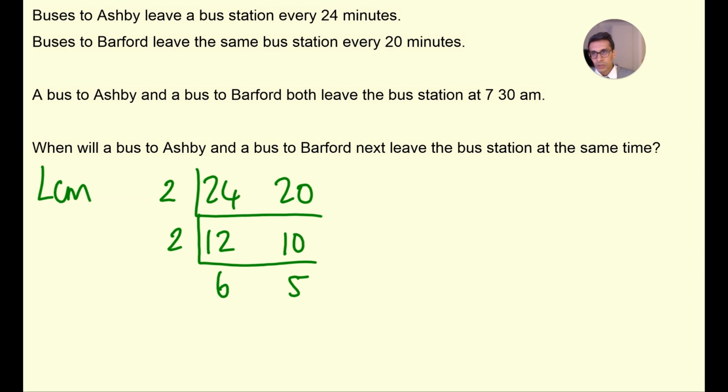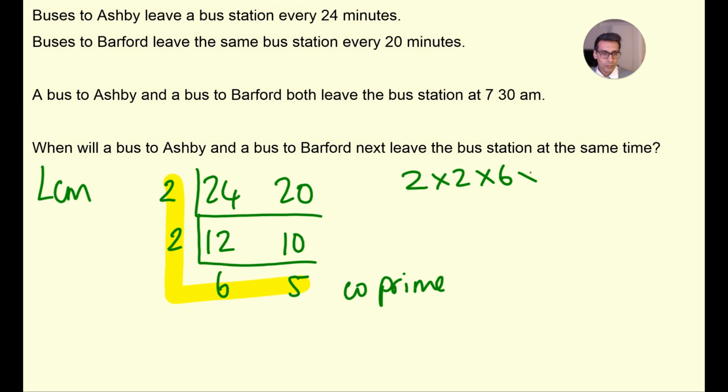And then we've got our co-prime numbers. So these are co-prime, so we stop. And then we multiply these out. So 2 times 2 times 6 times 5. So this becomes 4 times 6 times 5 is 30. So that's going to be 120 minutes.